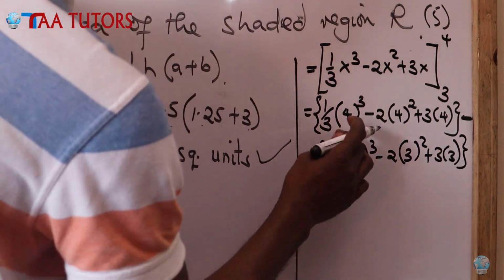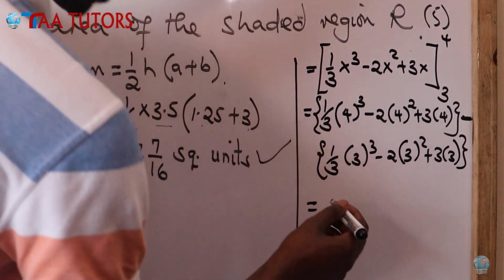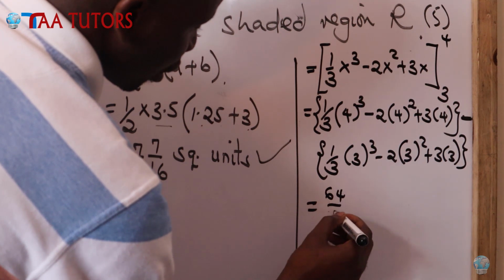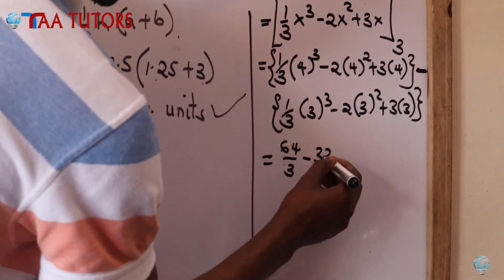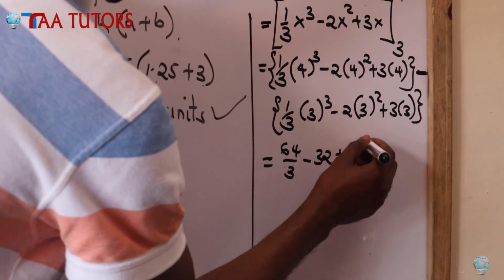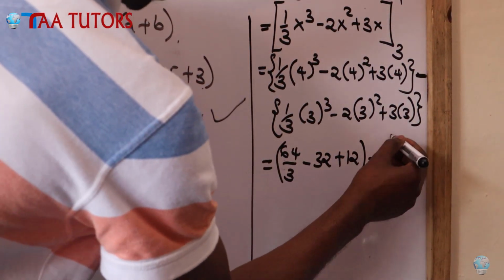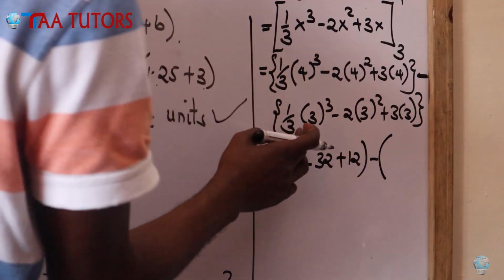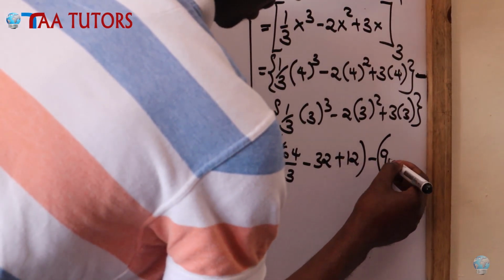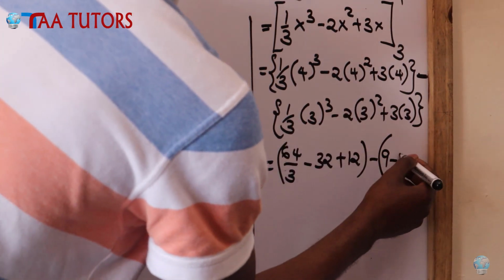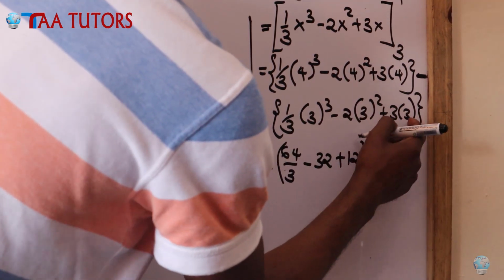So if we sub the first one, 64 over 3 minus, this is 16 times 2, 32 plus 12, then minus 3 cubed is 27 over 3 is 9, minus 9 times 2 is 18 plus 3 times 3 is 9.